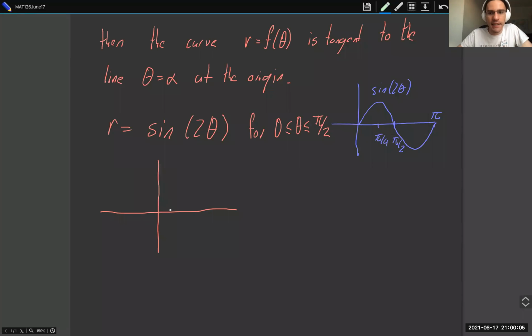Now notice that it's 0 at 0 and pi over 2, so it has 2 tangents here. It reaches its maximum at an angle of pi over 4. So let's say this is the maximum value right here.